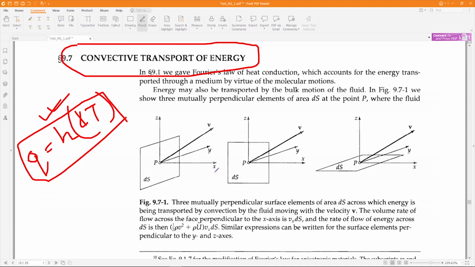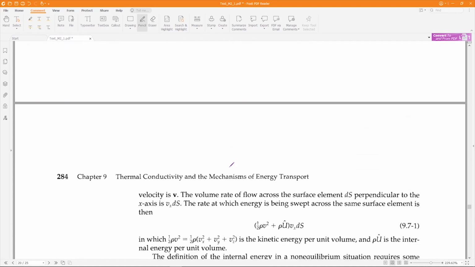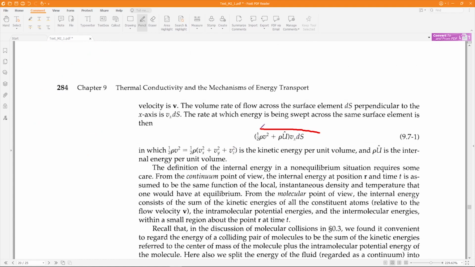But generally we can write the convective mode of transfer for energy. So we have this term, kinetic energy, rho v square. These are all per unit volume. Okay, everything is per unit volume.